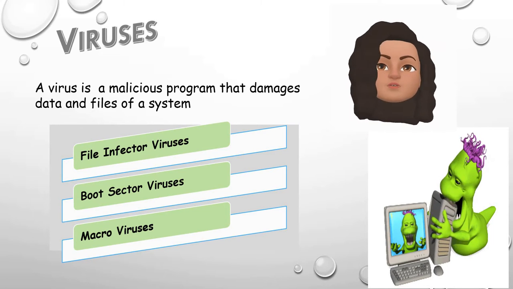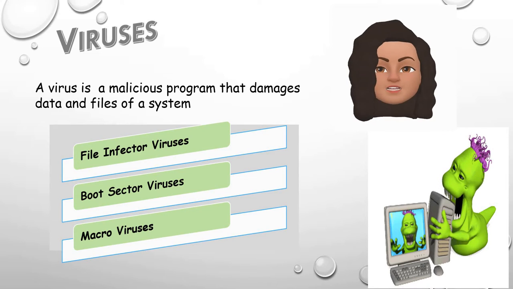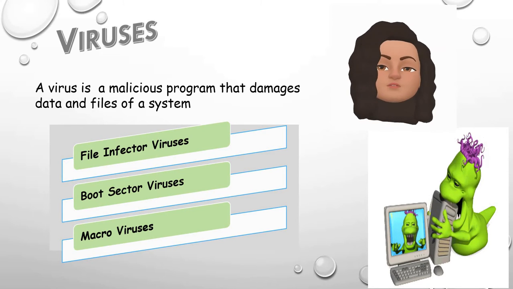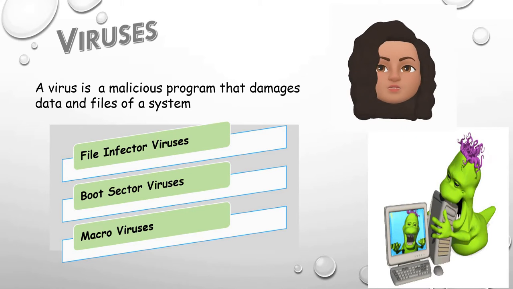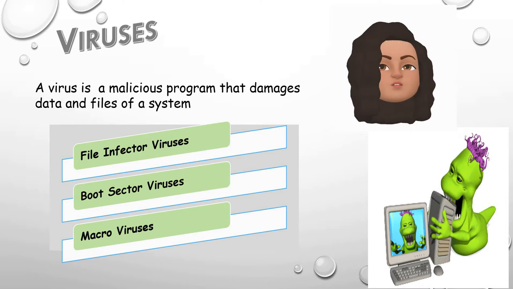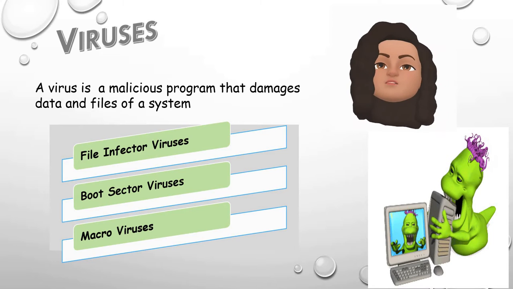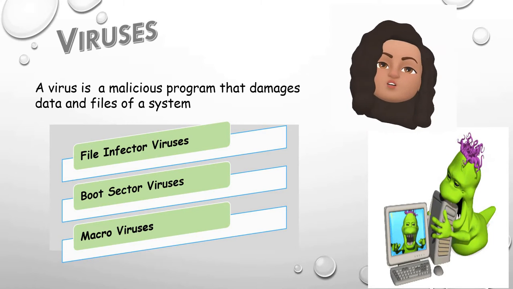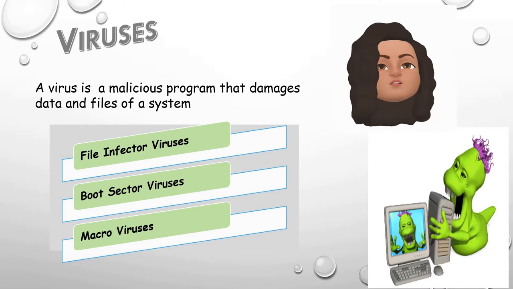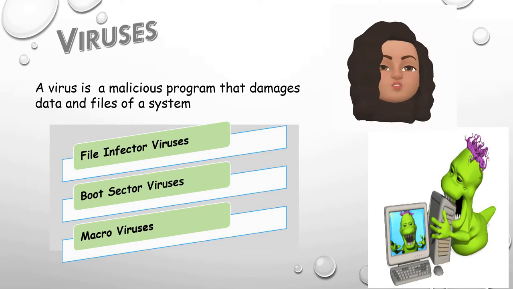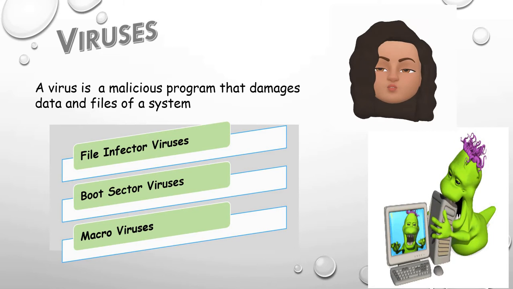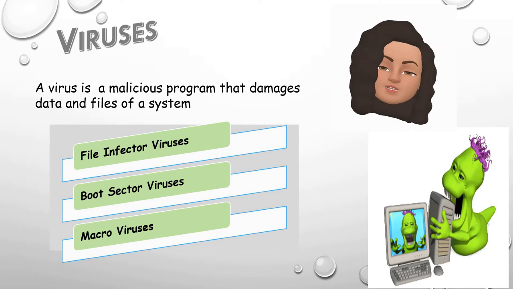And macro viruses just infect data files and corrupt the data. So there are three types of viruses: file infector viruses attach themselves to a program file, boot sector viruses install themselves in boot sectors of the hard drive, and macro viruses infect data files and corrupt the data.